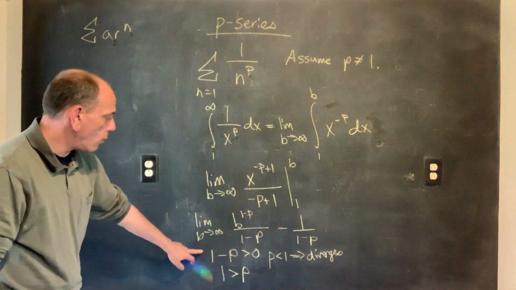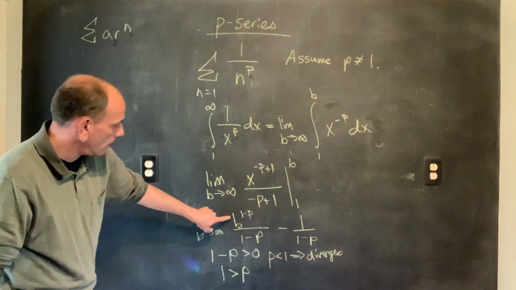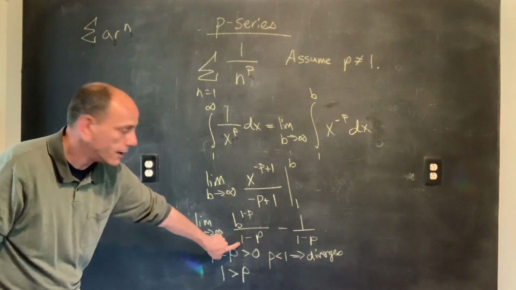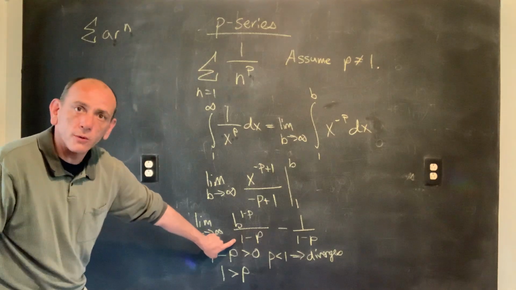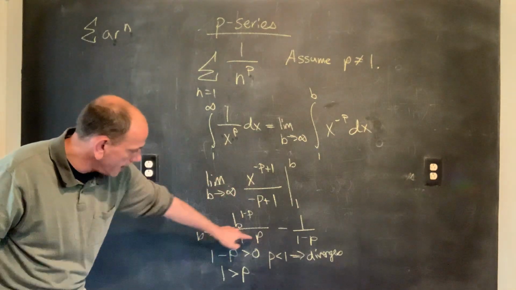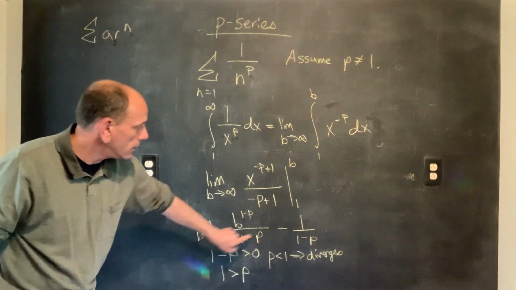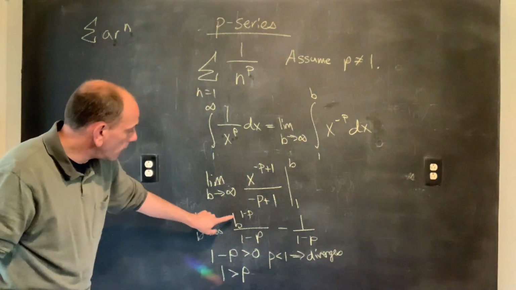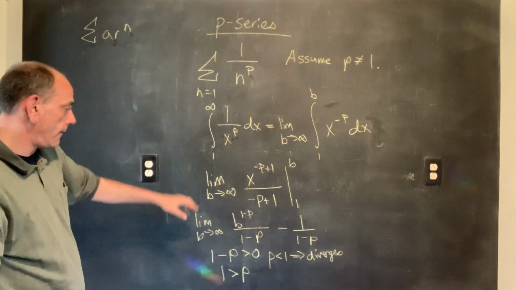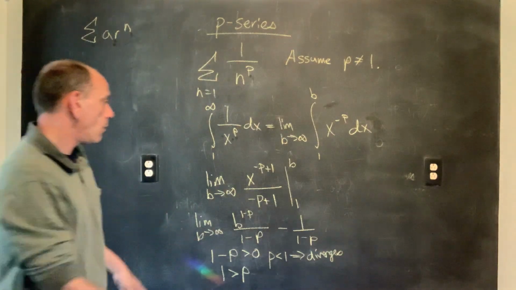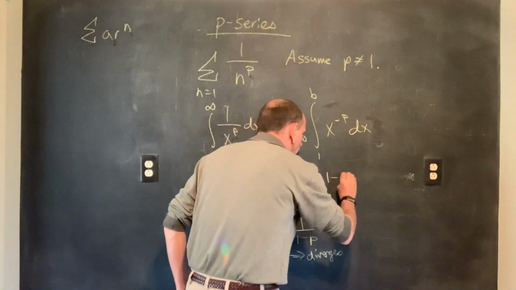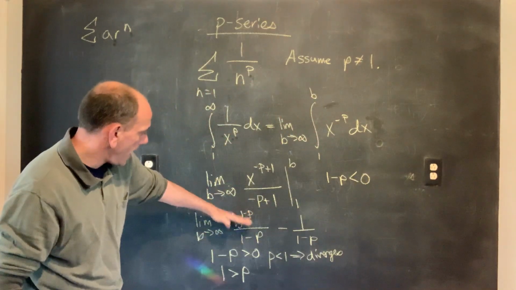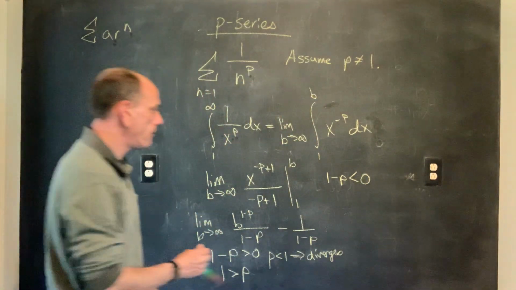Now, if on the other hand 1 minus p is less than 0, well, this b is going to drop down into the denominator. As it grows to infinity in the denominator, it's going to drive this thing to 0, and we're going to converge to this value. So if 1 minus p is less than 0, it's going to drop downstairs and it'll converge.